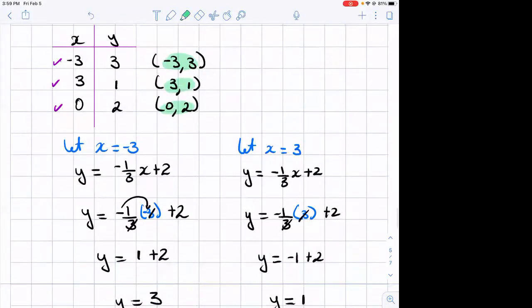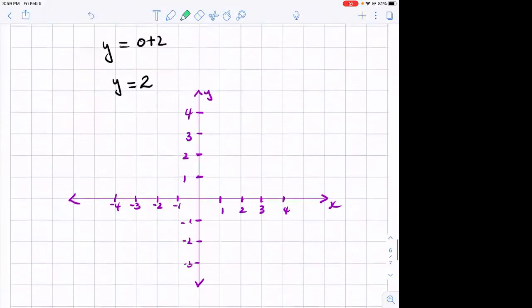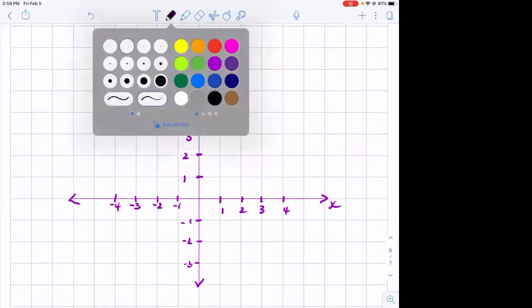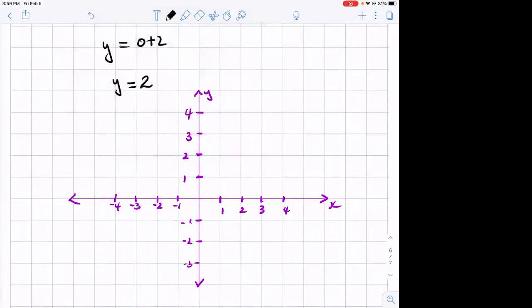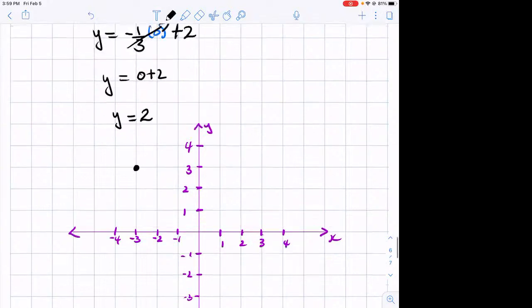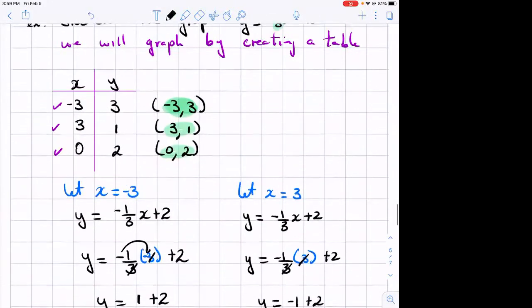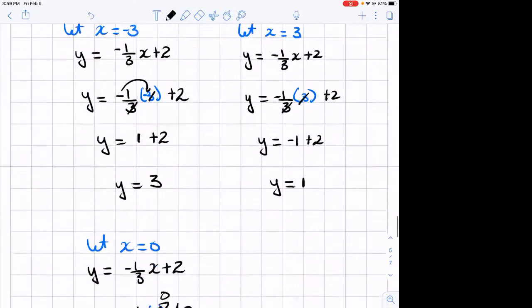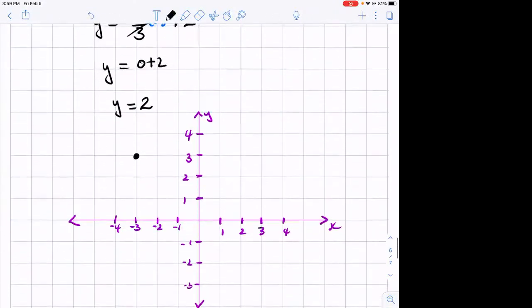So the first one we want to plot is x is -3, y is 3. So x is -3, and then y is positive, so we go up, and that's our point. Okay, so we've plotted this one here. The next one, x is positive 3 and y is 1, so that's my point.